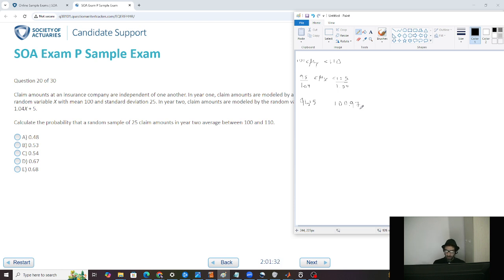It's normally distributed. Standard deviation is 25. This is a z-score of 0.039. This is a z-score of negative 0.346.